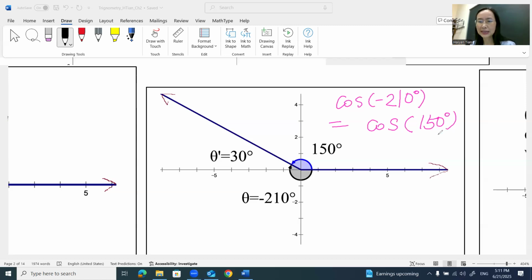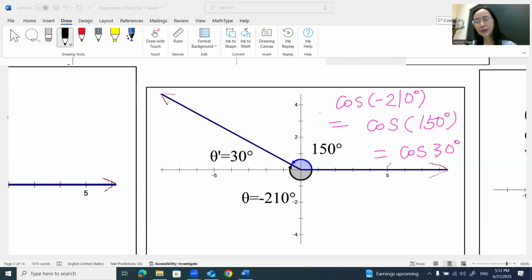It's the same location as negative 210 degrees. And from 150 degrees, we can easily determine the reference angle: a 30 degree angle.